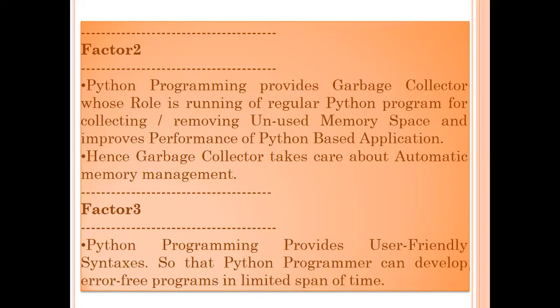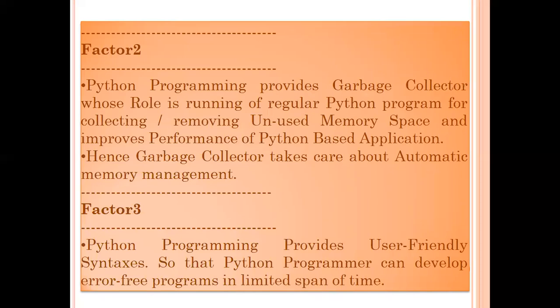Clear, students? Now we talk about the third factor. Python programming provides user-friendly syntaxes. Syntaxes are the formulas. So Python provides user-friendly syntaxes so that the Python programmer can develop error-free programs in a limited span of time.